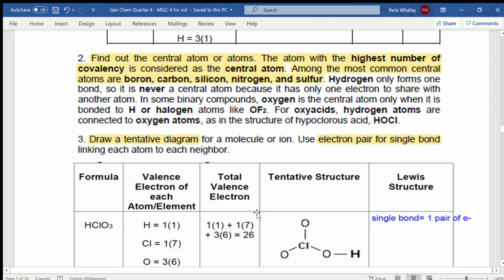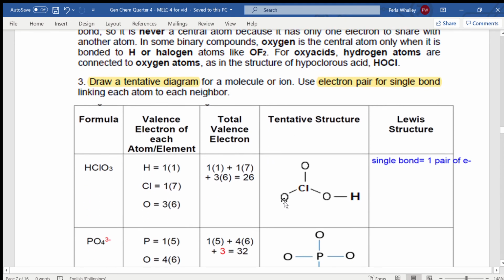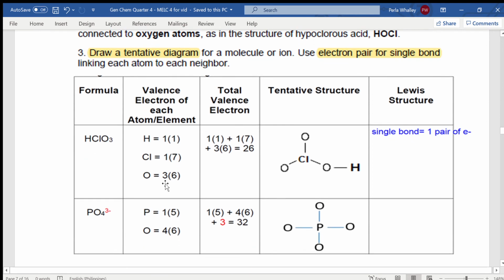But there is another way of identifying the central atom. Okay? Another way is looking for the atom with the fewer or lesser number. So, for example, for chloric acid, the fewer atoms here would be hydrogen and chlorine.